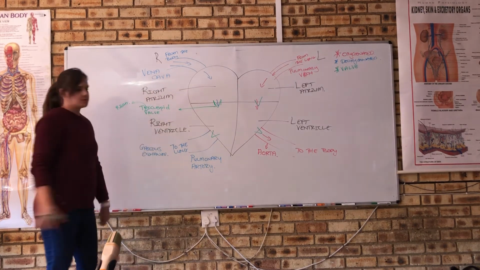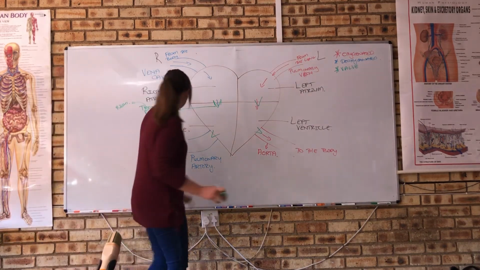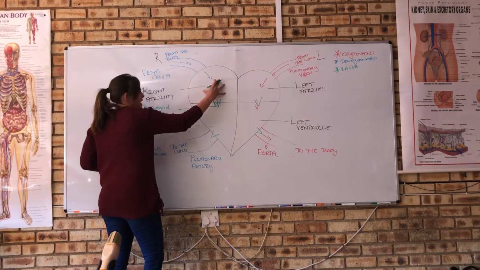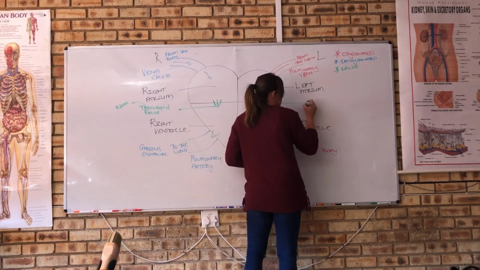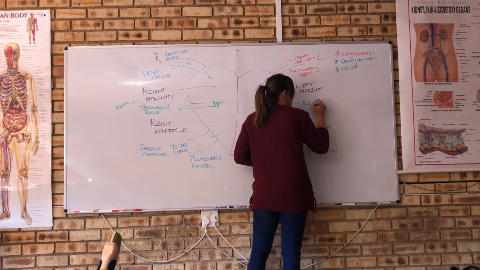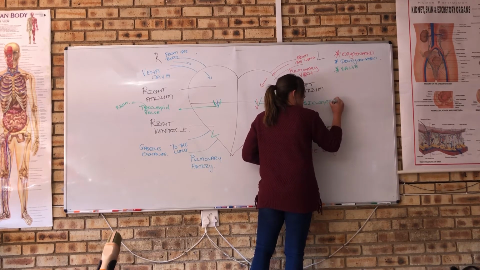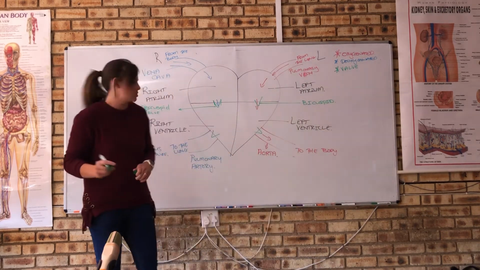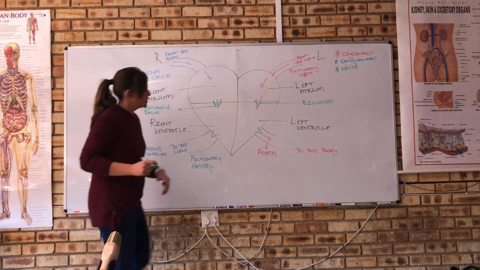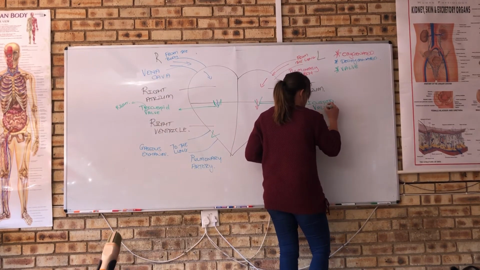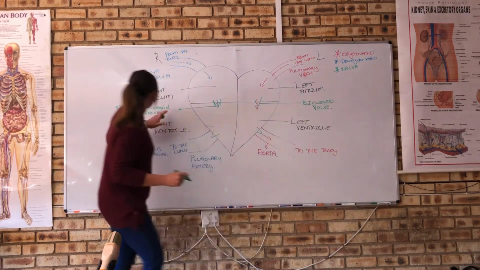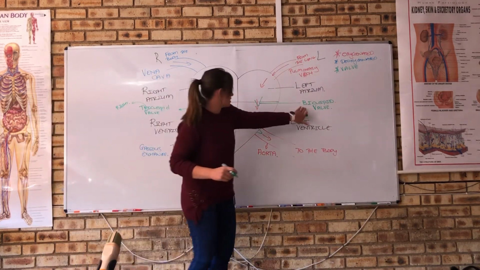So we have the tricuspid valve on the right of the heart, between the right atrium and the right ventricle. This valve over here on the left side of the heart is called the bicuspid valve. So on the right, tricuspid, on the left, bicuspid valve. Apologies for that one. So we've got tricuspid valve, bicuspid valve.